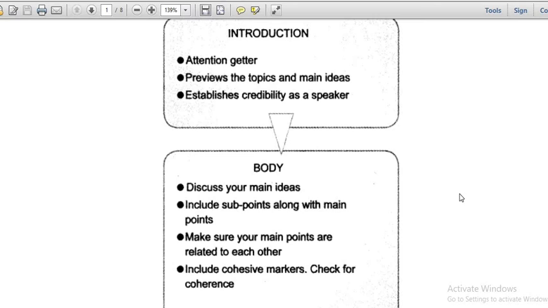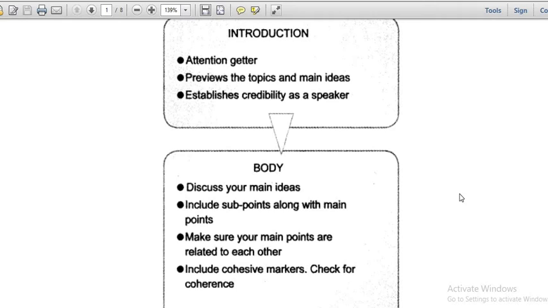Don't worry. So, introduction. What are the things that we have to remember? First of all, we have to seek the attention of the listeners, those who are listening to our speech. So first of all, it is an attention getter. Next, it previews the topic and the main ideas. Everything has to be written in a proper way.